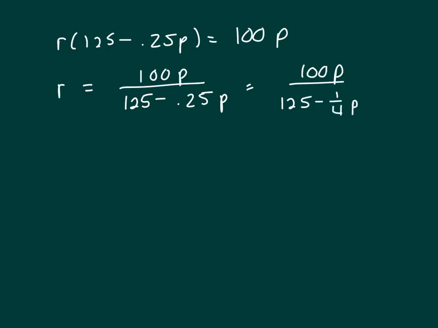I know a lot of you guys do not like fractions, but I think this is the easiest way to go. Now multiply top and bottom by 4. So that's going to be 400 P over 125 times 4, which is 500 minus P.